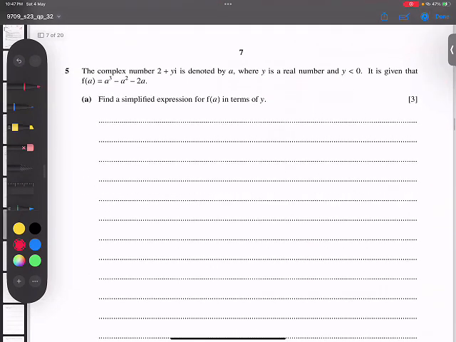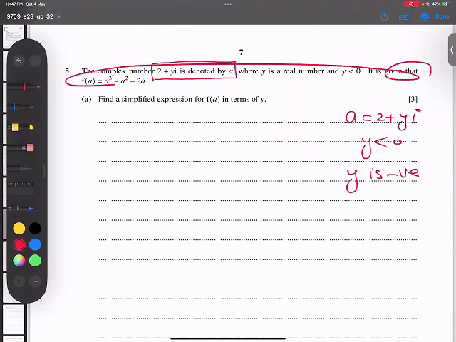Next question, we have number 8, students. Question number 8. The complex number is denoted by A. Okay, so it means A is equal to 2 plus y iota, and y is a real number and y is less than 0. It means y is negative.